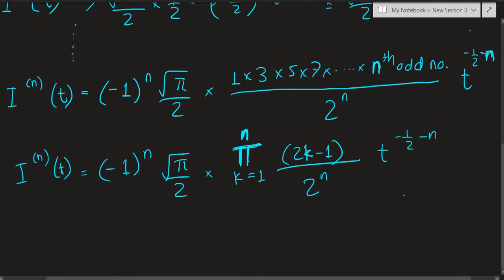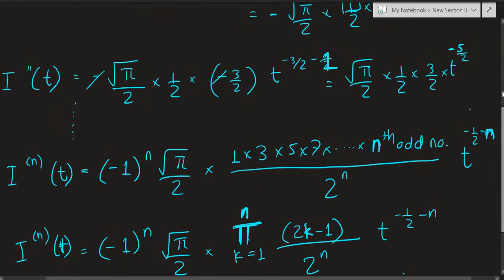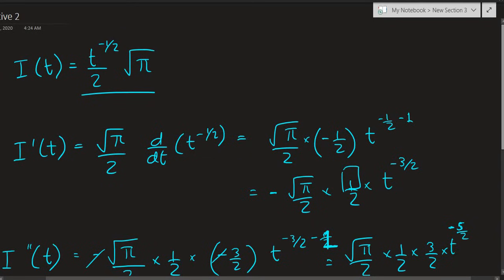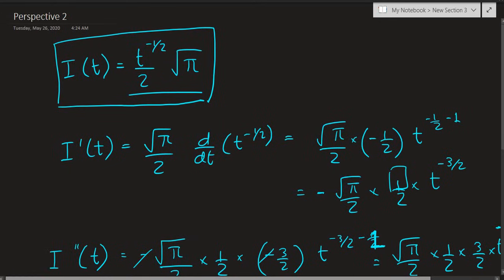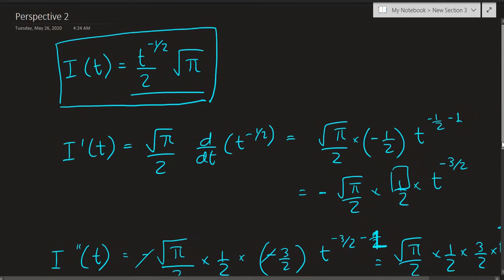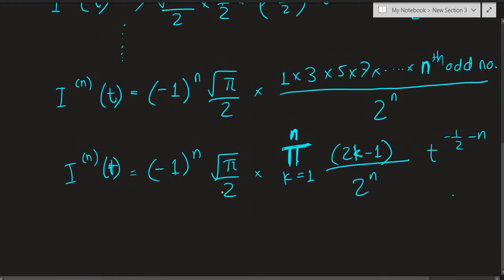Remember that in both perspectives we obtained the nth derivative of I of t, and we can equate both perspectives because both of those perspectives arose from this I of t, and I of t was identical in both cases. So it's time to equate the nth derivative of I of t expression for both perspectives. So let's go ahead and do that now.